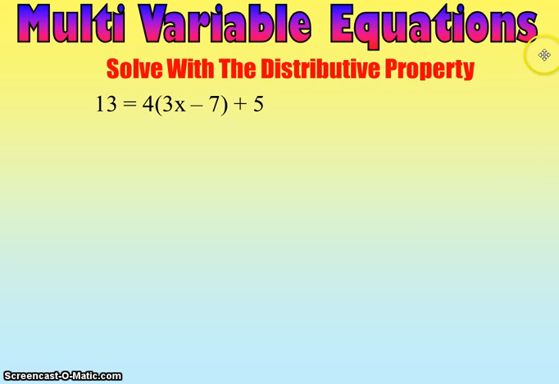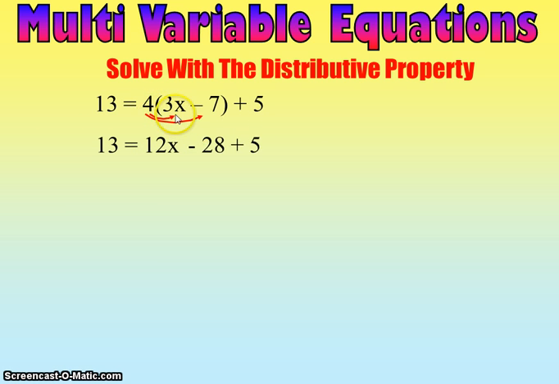What we have to do when we're using the distributive property is first multiply the first number. So 4 times 3x. In step 2 of this equation, we're just bringing down the 13 equals. We're just rewriting that. And we're saying 4 times 3x gives us 12x. The next step is we do the one next to it.